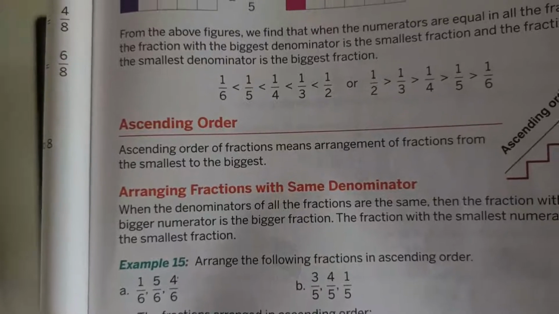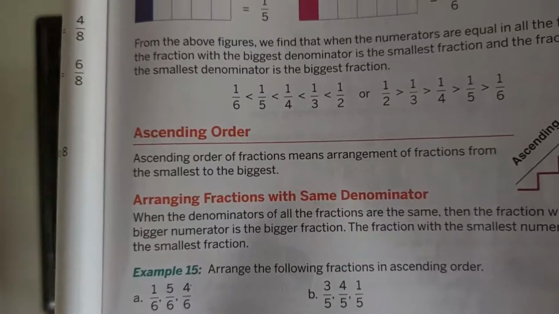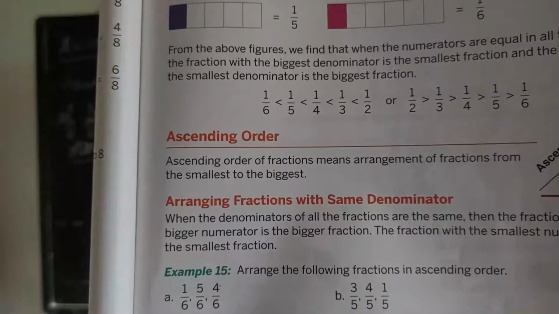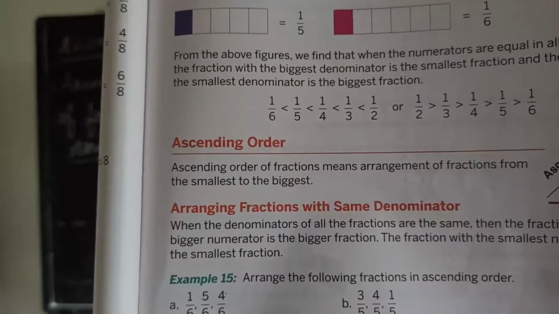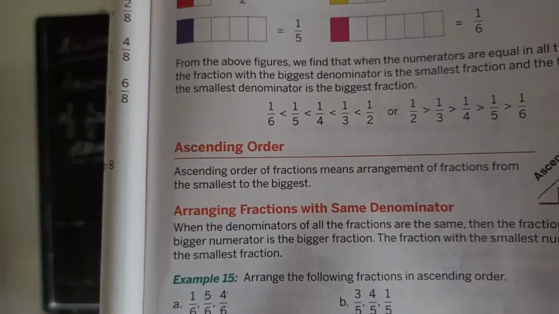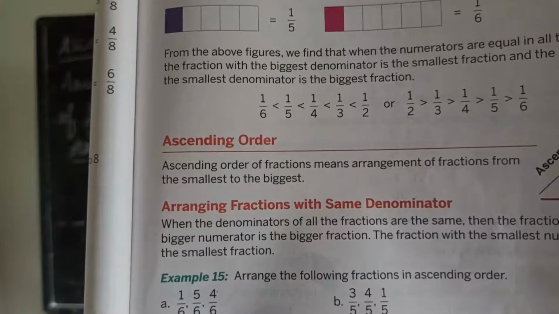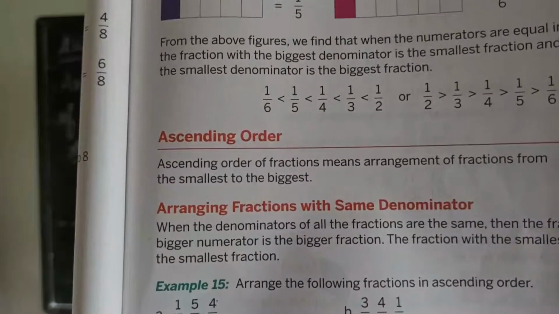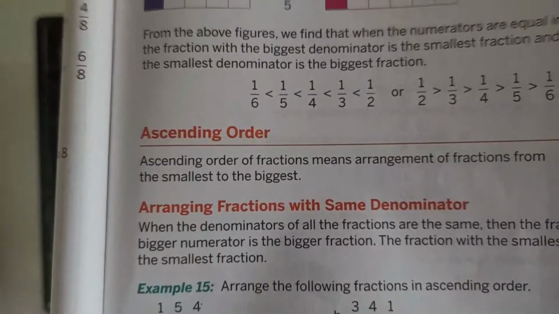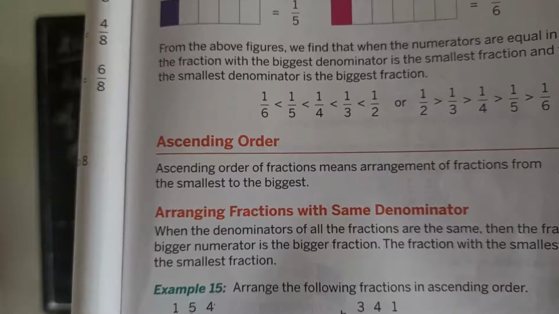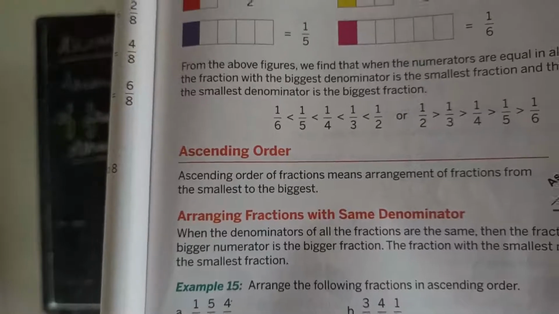The fraction with the smaller numerator is the smallest fraction. So when the denominator is the same, the fraction with the bigger numerator is the bigger fraction, and the fraction with the smallest numerator is the smallest fraction.